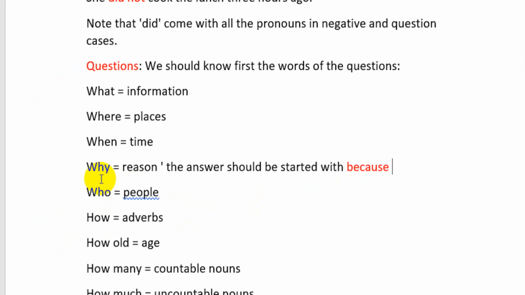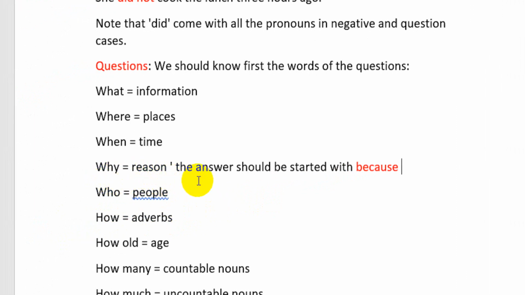Okay, so why, لماذا, reason, السبب. The answer، الإجابة يجب أن تبدأ بكلمة إيش؟ because.